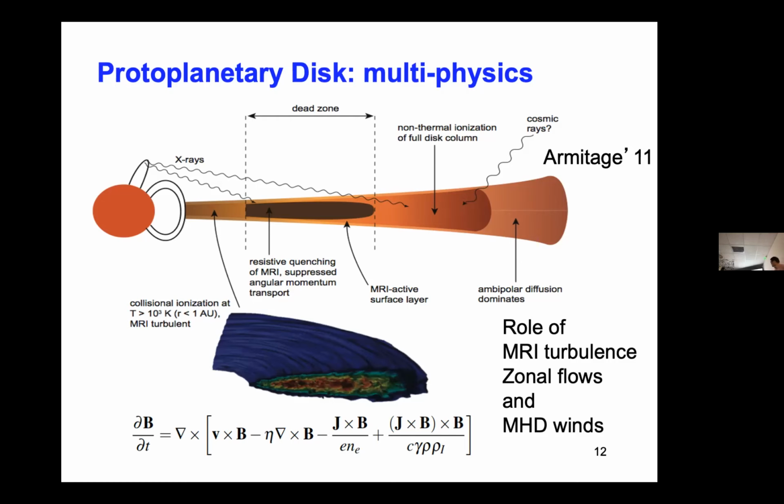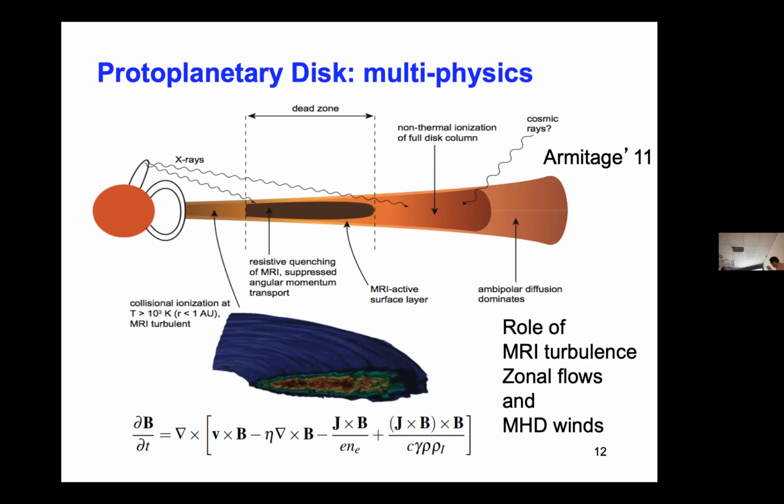That heating is mostly concentrated in the middle, near the star, in the inner disk. There are lots of very careful studies looking at ionization fraction, heating and cooling processes. You write the generalized Ohm's law: there's resistivity from charge-neutral interaction, ohmic dissipation, ambipolar diffusion. This is the Hall term.